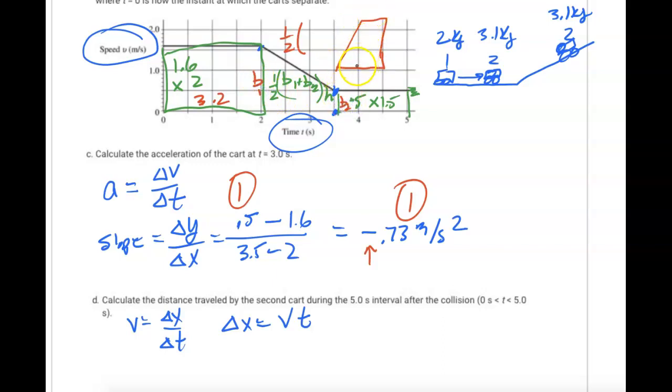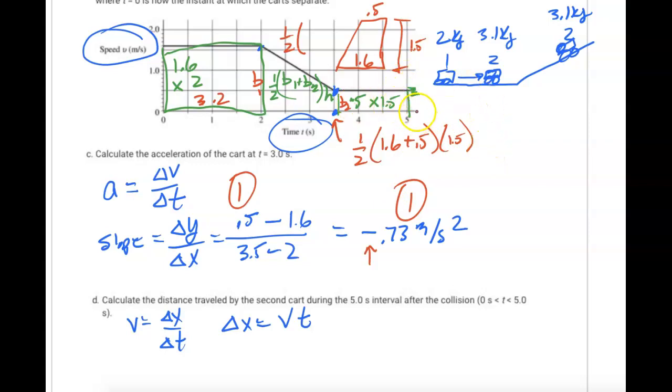The base on the bottom is 1.6. The base on the top is 0.5. And the height of this entire thing is 1.5. So for this one, we're going to do 1/2 of base 1, 1.6, plus 0.5, times the height, which is 1.5, and we'll get a number for it.